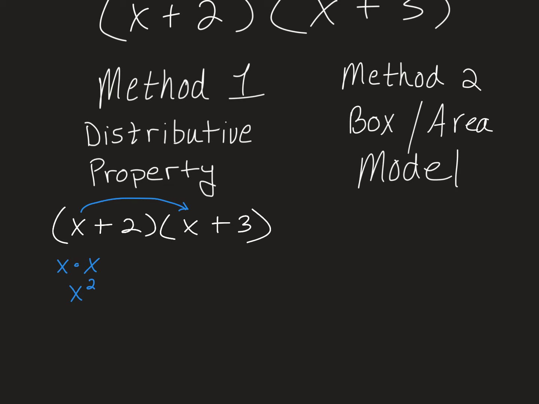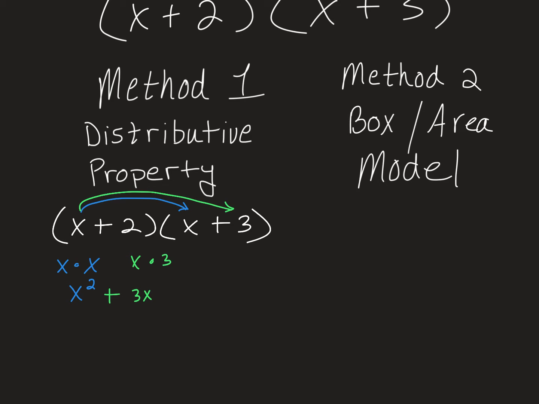Then I still need to distribute the x to the second term in the parentheses. So x times 3 can be written as 3x. It's a positive x because there's no negative in front of there, being multiplied by a positive 3. So positive times a positive means that's going to be a plus 3x.